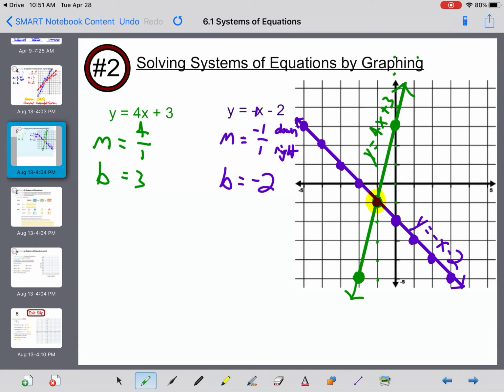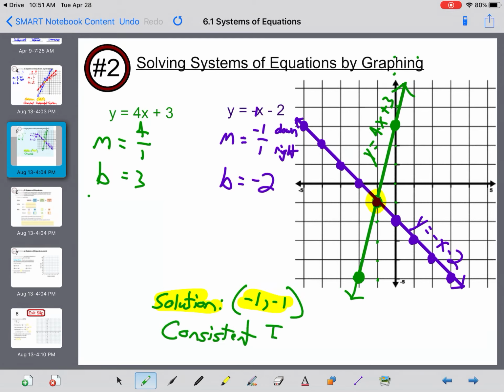Now our solution, again, is where they cross. So the solution is at the location -1, -1. Again, it makes an X-like figure, so that is consistent, independent.